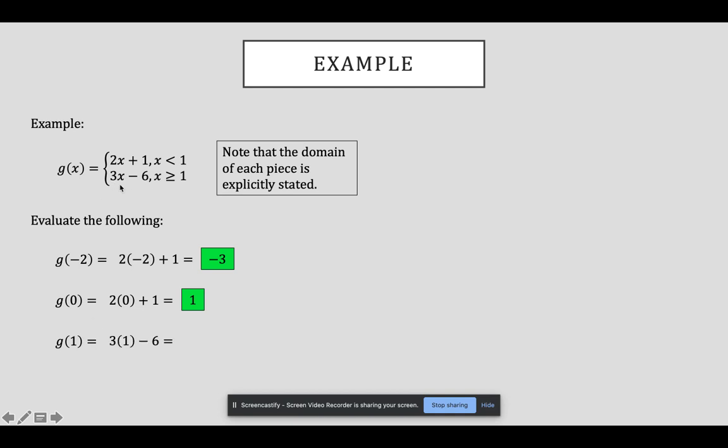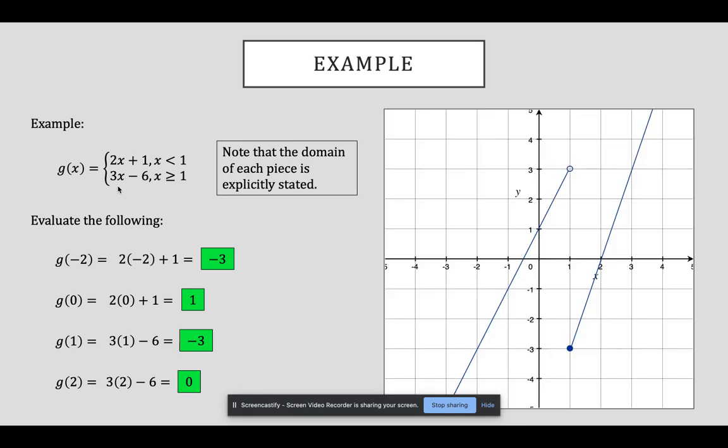That is 3 times 1 minus 6. 3 times 1 is 3, minus 6 leaves us with negative 3. And to evaluate g of 2, again, 2 falls under the domain of the second piece. 2 is greater than or equal to 1. Therefore, we plug it into the second piece of the piecewise function. 3 times 2 minus 6 leaves us with 0.